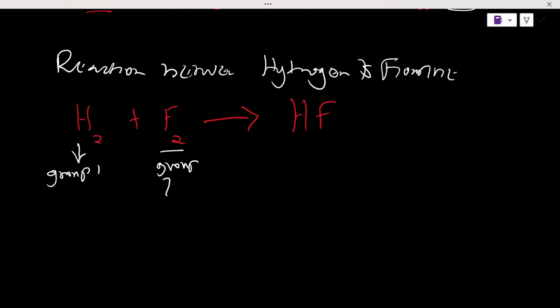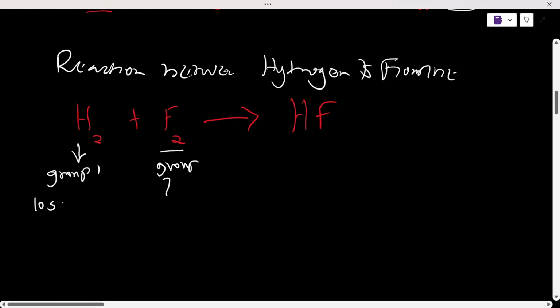So group 1 elements have a tendency to lose electrons. Group 7 elements are nonmetals and they have a tendency to gain electrons.